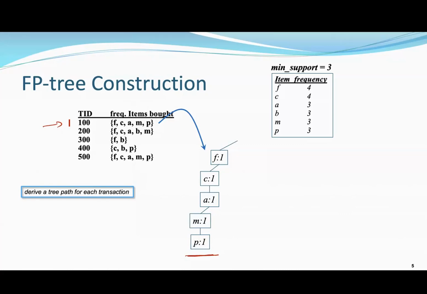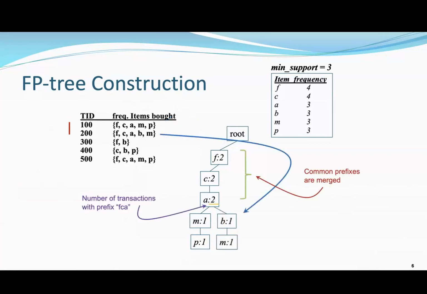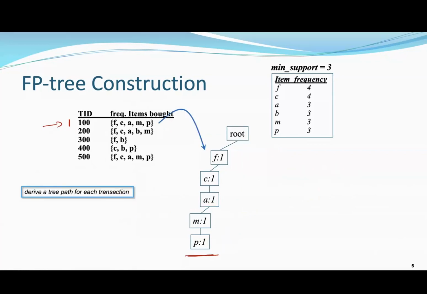Okay. Now, next, we consider transaction 200. Previously, after the first transaction is done, we get this, right? Next, we proceed to the next transaction, which is FCABM. So we need to construct another path for this transaction. So we get F, C, A, B, M, right?